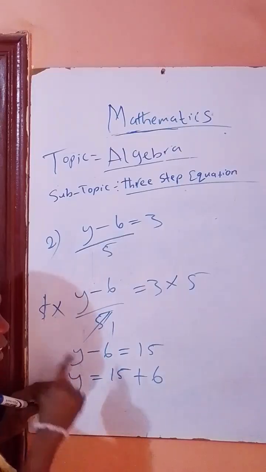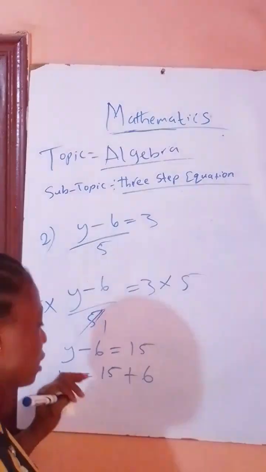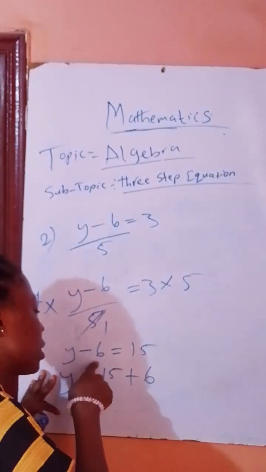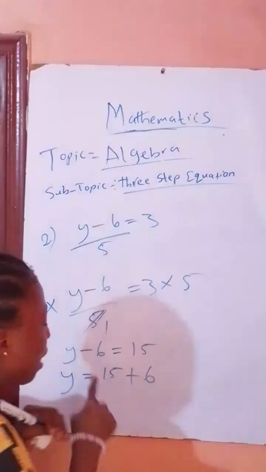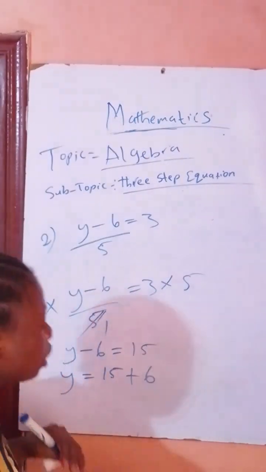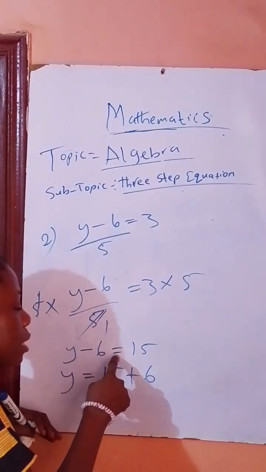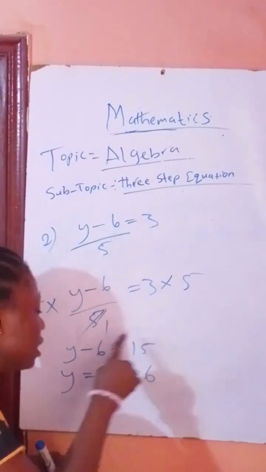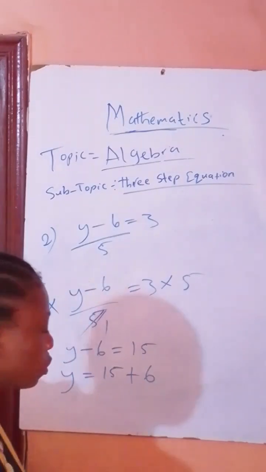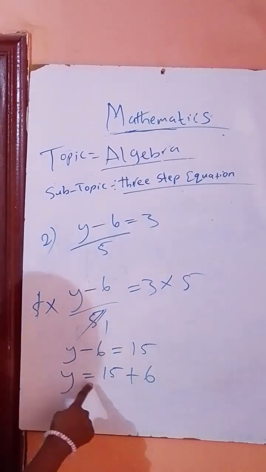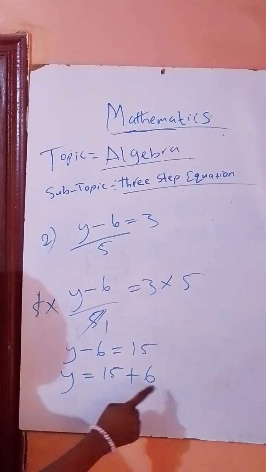As I always said, we have y minus 6. The 6 is carrying a minus. This minus belongs to 6. So when it crosses this equal sign to meet 15, this minus will change from minus to plus. That's why you have y equals 15 plus 6.